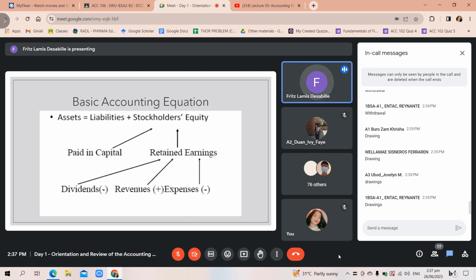Now, retained earnings, mao ni siya ang mga additional equity which is recognized through operations, like ang mga accumulated net income. Okay, later on, we'll elaborate that further.